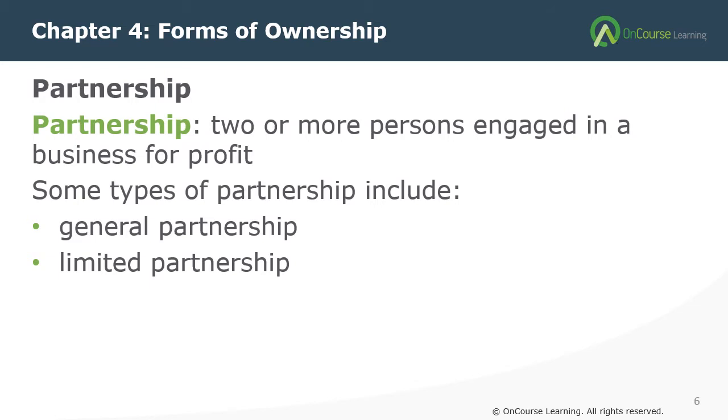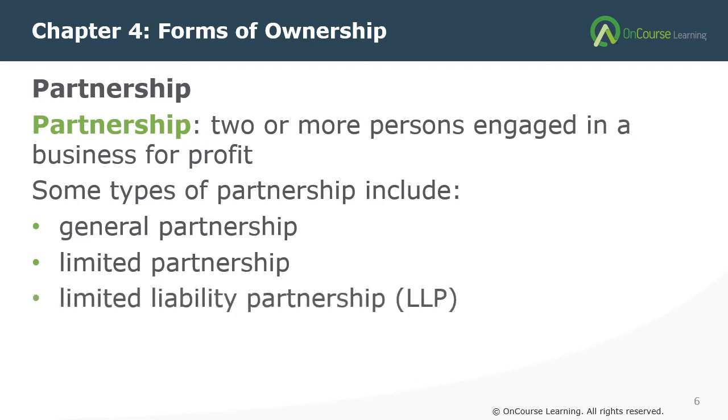So it sort of offers the best of both worlds in that it will have some general partners and some limited partners. But with the limited liability partnership, those general partners do have some limits or some floors on the amount of losses that they have to endure.